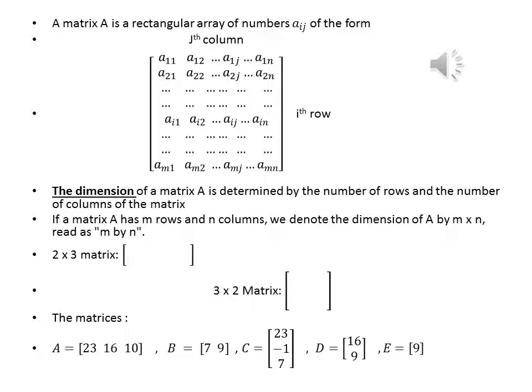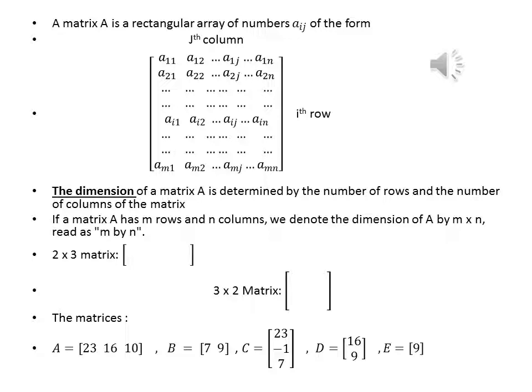Horizontally, I is the row: first row, second row, third row, and so on. Vertically is the column: first column, second column, and so on. So any element in the matrix I can locate. A4,5, with suffix 4,5, is the 4th row and 5th column. You can get the elements.